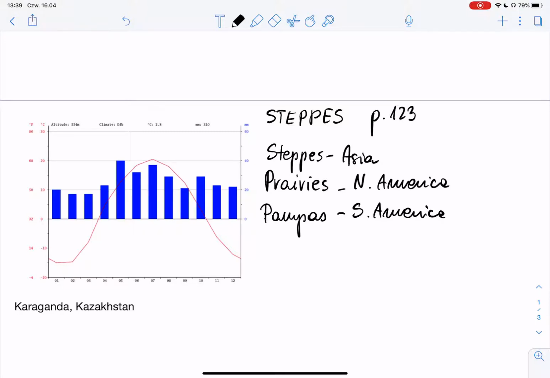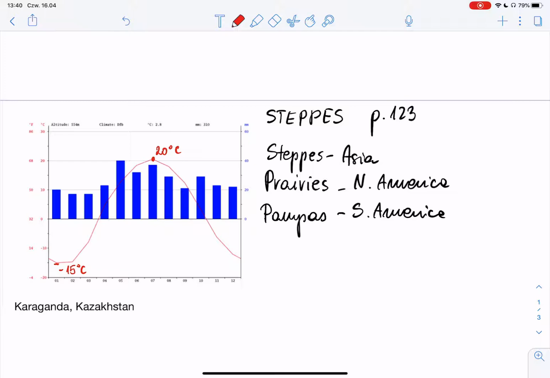And if it comes to the climate of those steppes, then they belong to the temperate climate zone, which means that this is much more changing throughout the year. So let's focus on the temperature for now. As you can see, the warmest month, July, is up to 20 degrees Celsius, whereas the coldest month, which is January, is minus 15 degrees Celsius.